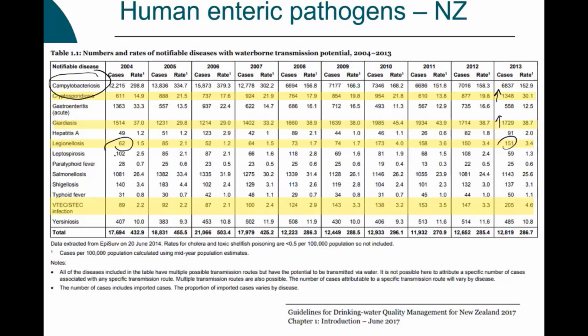Now, Legionella is interesting because it is not from consuming drinking water, it's from inhaling water that contains the Legionella bacteria. So showering would be a likely route of exposure, because the shower produces small droplets, aerosolized particles, and then you have the potential to inhale those aerosolized particles containing Legionella.